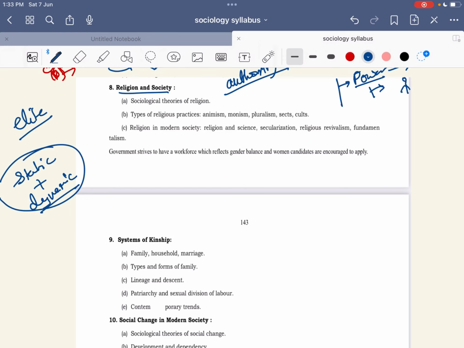So, sociological theories of religion. Emile Durkheim, if you see, he has done very special work on religion. So he is of the view that religion is a very, very important and fundamental institution in the society and has contribution towards maintaining peace in the society.